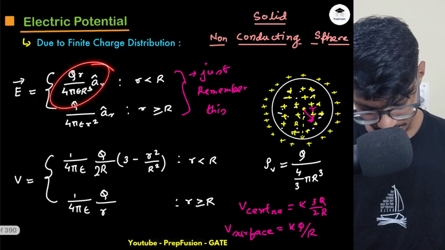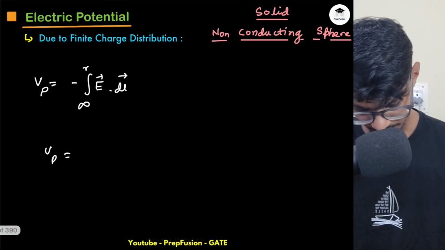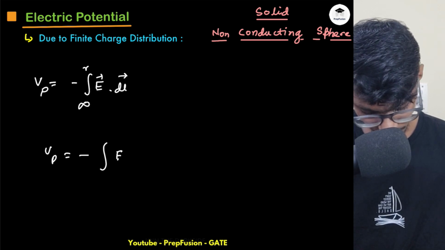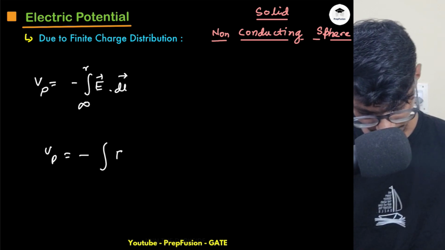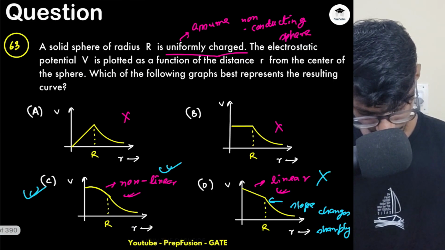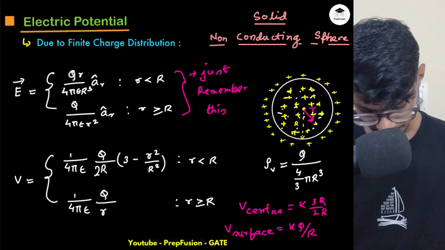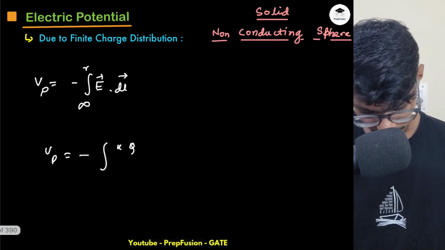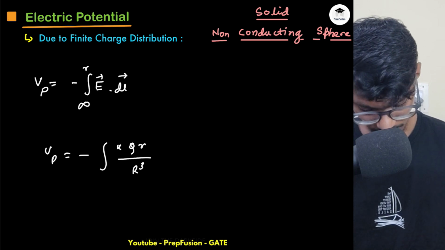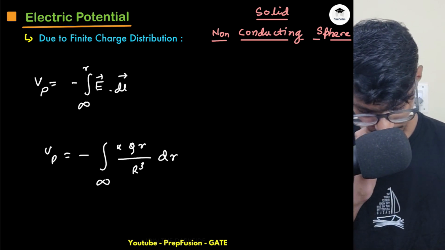As this is in the spherical coordinate system, I will use spherical coordinates. The integral of E, which is kq small r by r cube, a r cap, the a r cap cancels out, and it is dr.